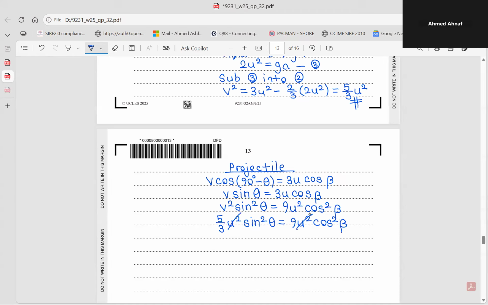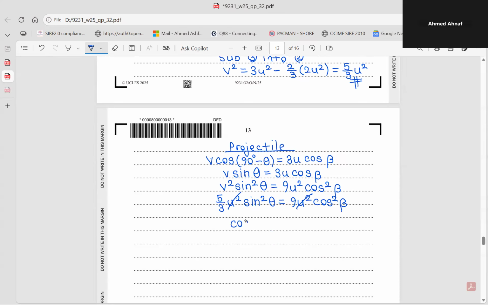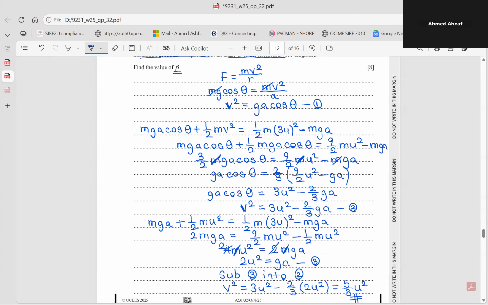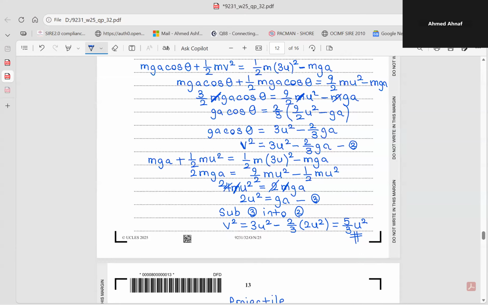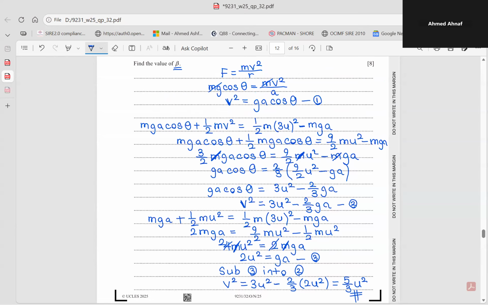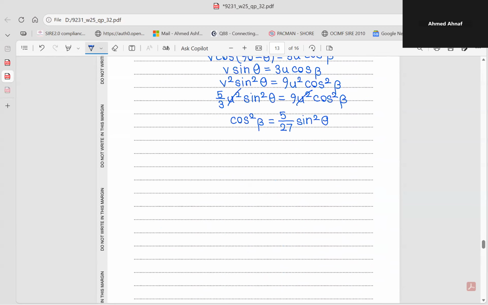The U squared cancels, and cosine squared beta becomes 5 over 27 sine squared theta. To find cosine beta, we need to also know what sine theta is. So I guess we can use the first equation that we got here.